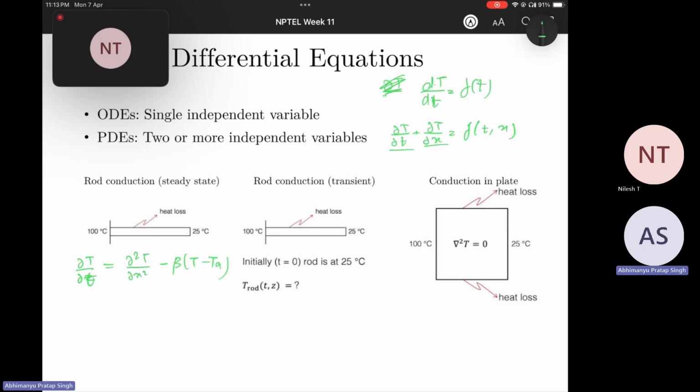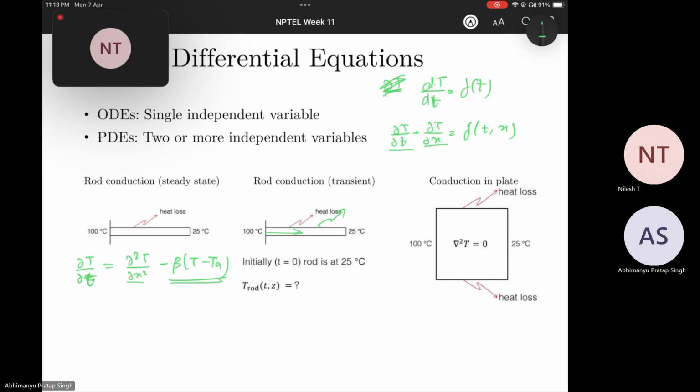In this case we have heat loss to the surroundings, which is why this term is coming. This is the heat flow across the rod, and this is the change in temperature with respect to time.